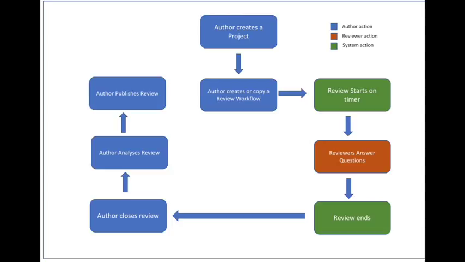So if I'm a reviewer, and the author has published, I can see three things: the text that the author has entered as an analysis of this review, the weighted scores for the general health of the project in the form of gauges, and a summary of how I personally scored on all of the questions that have been asked.